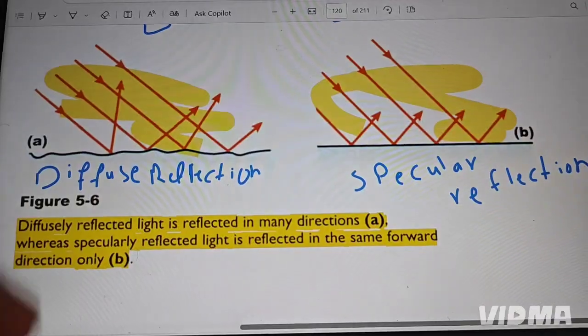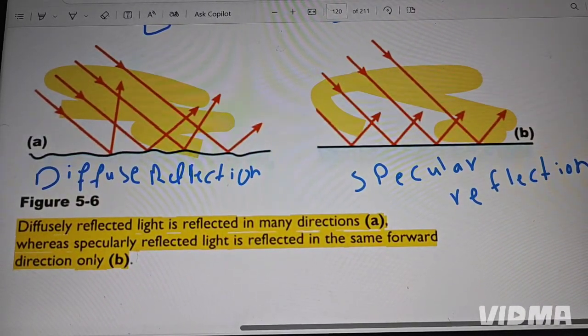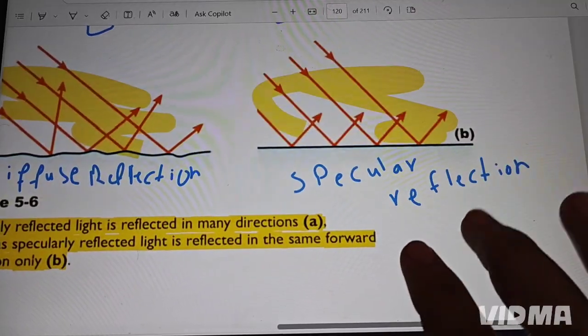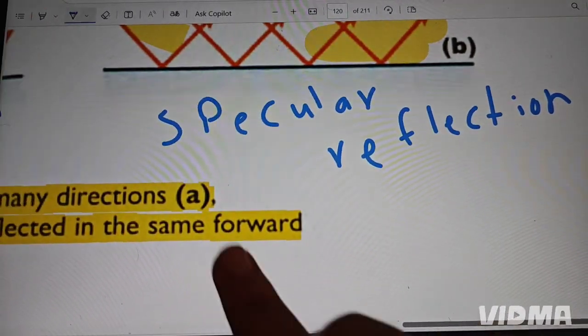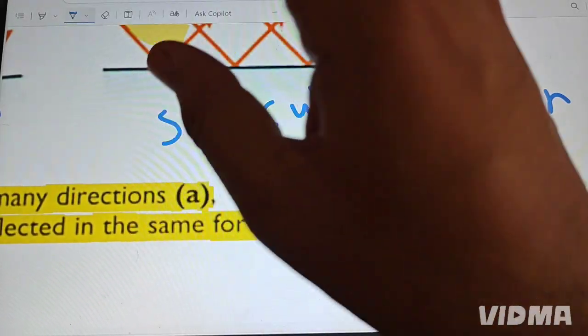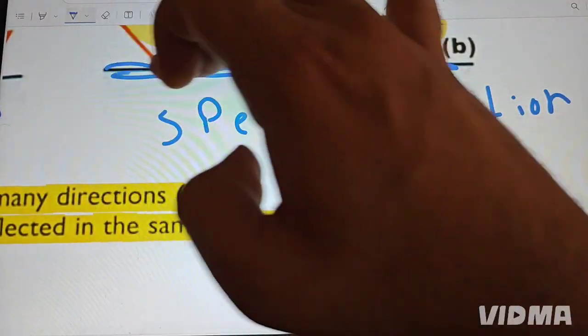How can we tell the difference between them? Good question. If you notice, the surface of this type is smooth, it's a straight line, it's smooth.